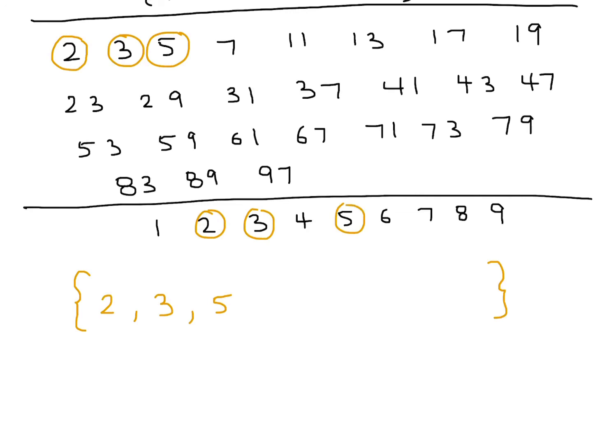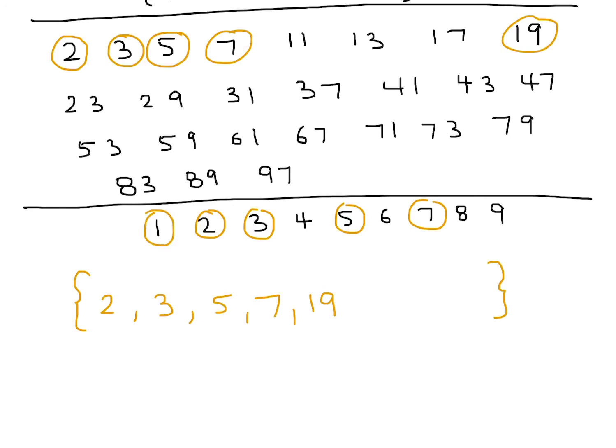Oh boy, how do I proceed here without messing up? If I use 7, there you go, then I can't use 11 because that will use the 2-digit ones, and I can't do that. I can only use 1 once. 13 I can't use because I've already used the 3. 17 I can't use because I've already used the 7. Can I use 19? I think so.